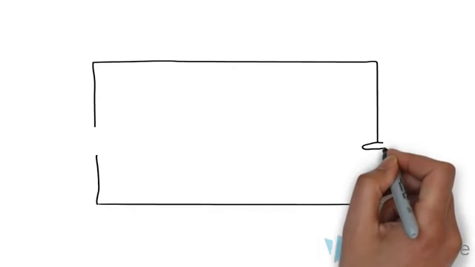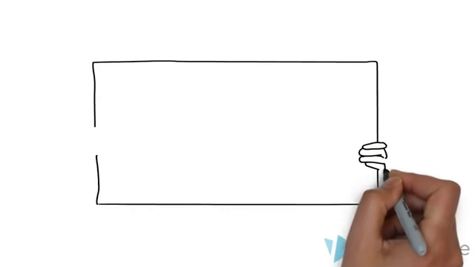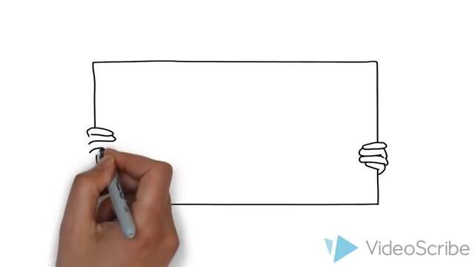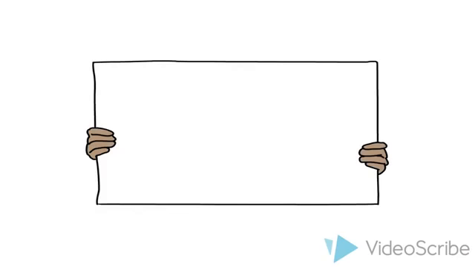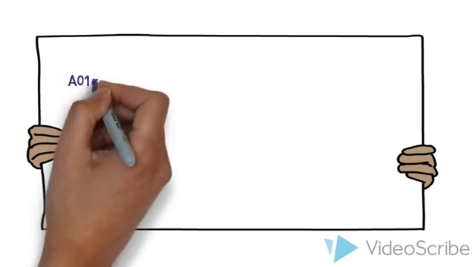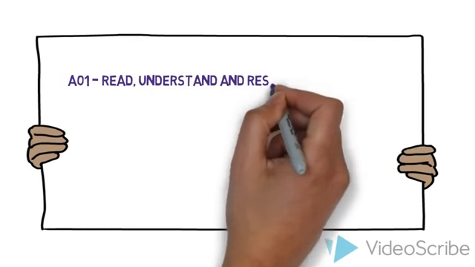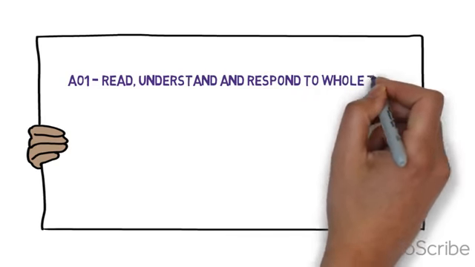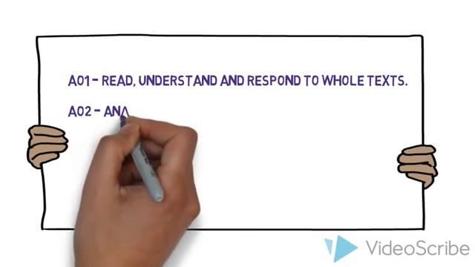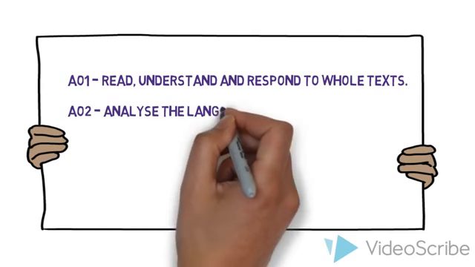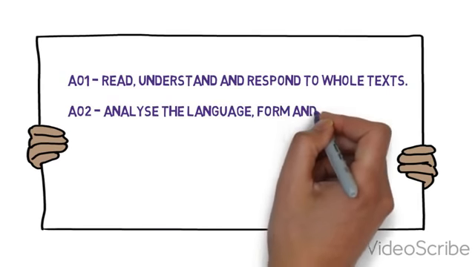As you know, it is split into 3 main assessment objectives, with the 4th being allocated to your use of written English. The examiner wants to know that you can firstly, for AO1, read, understand and respond to whole texts and the question you are asked. You will need to develop a personal response and use quotations to support and illustrate those interpretations.